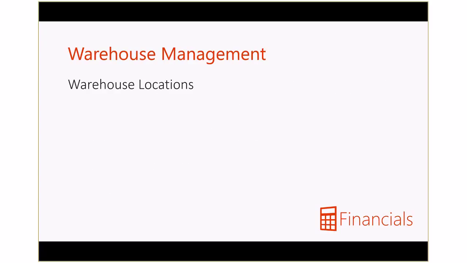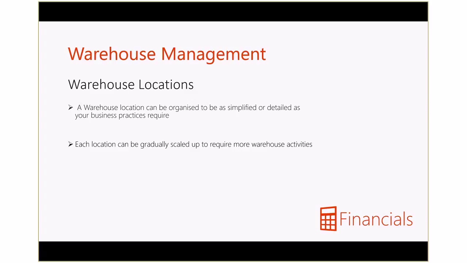Let's start off with the concept of a warehouse location. Now, a warehouse location can be organized to be as simplified or as detailed as you'd like your practice to be incorporated within your accounting software. Each location can actually gradually increase with the more activities you incorporate. So what are these activities?